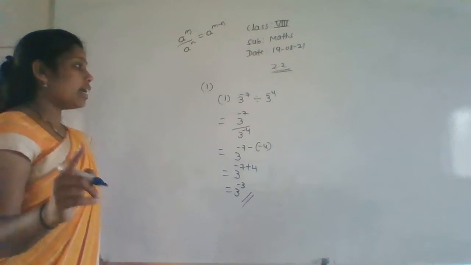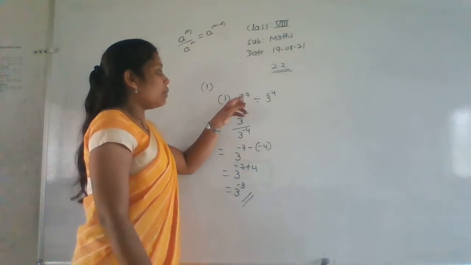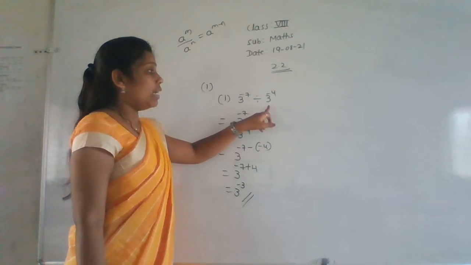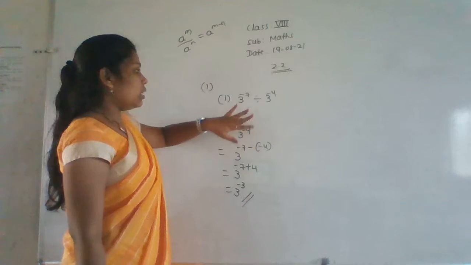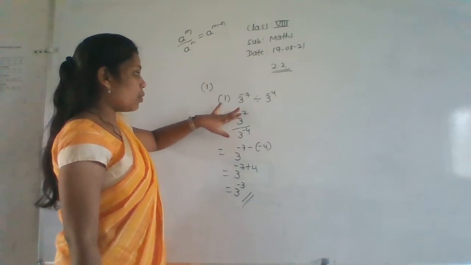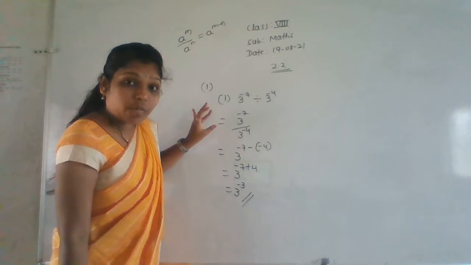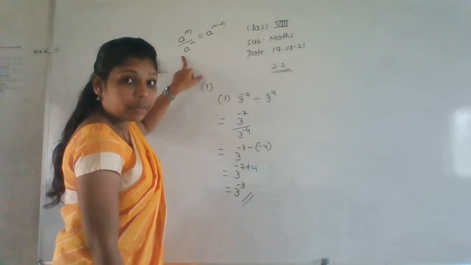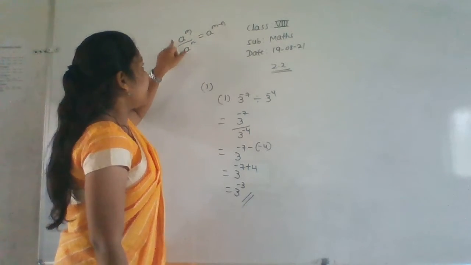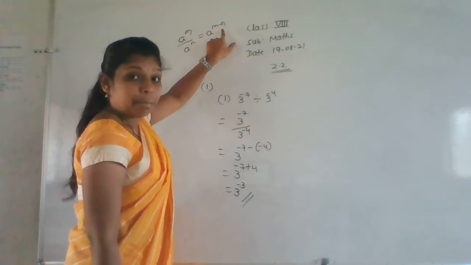Getting it, everyone? Once again I am telling, please listen carefully here. 3 to the power minus 7 divided by 3 to the power minus 4 is given here. This is in the form of which formula? That is a to the power m divided by a to the power n, which is nothing but a to the power m minus n.